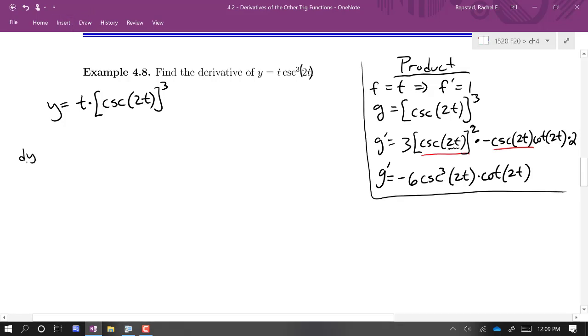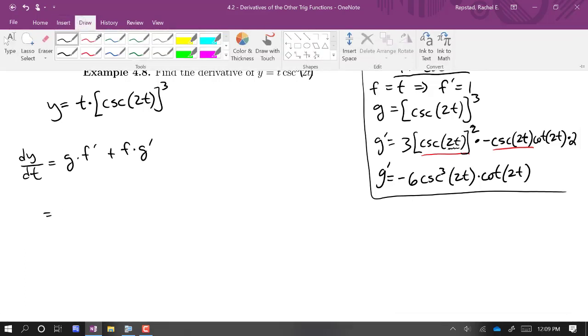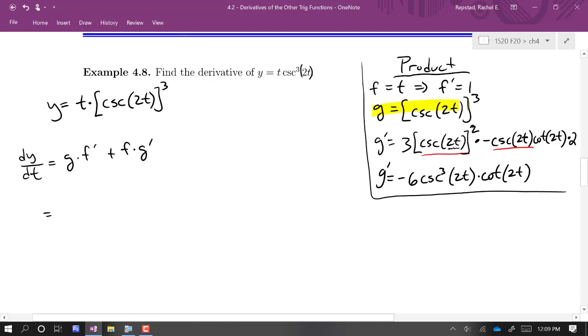So dy dt, this is g times f prime plus f times g prime. And let's see, g times f prime, that's going to be cosecant cubed of 2t times 1.